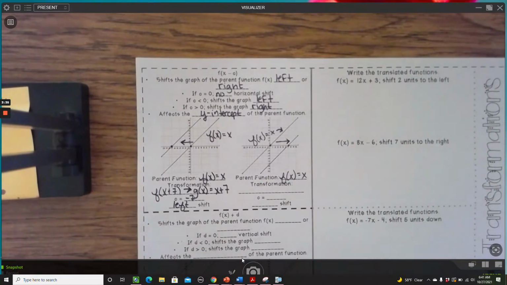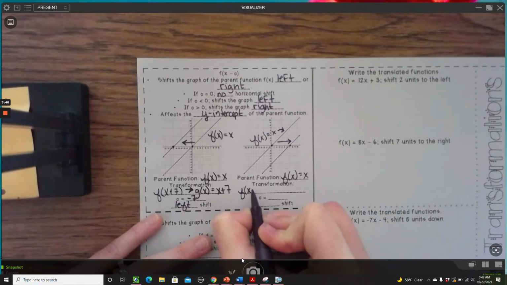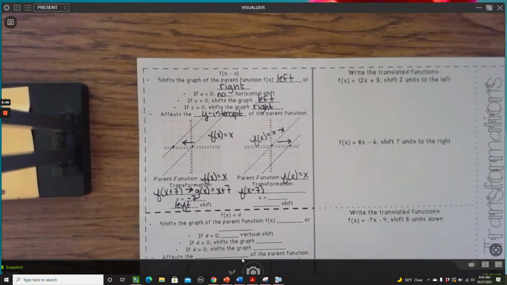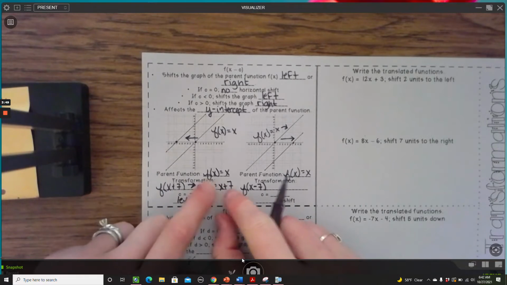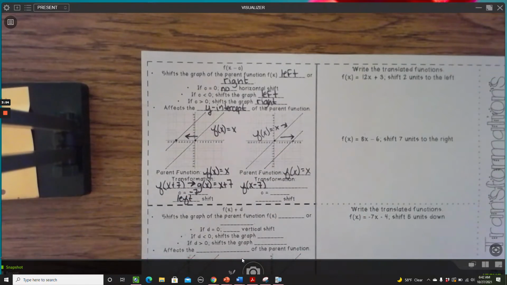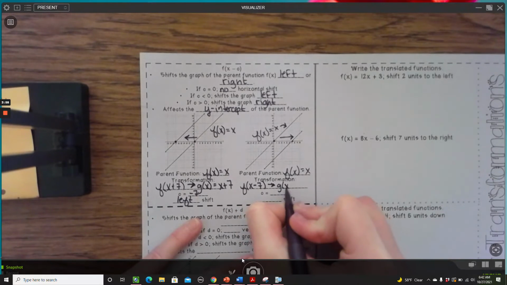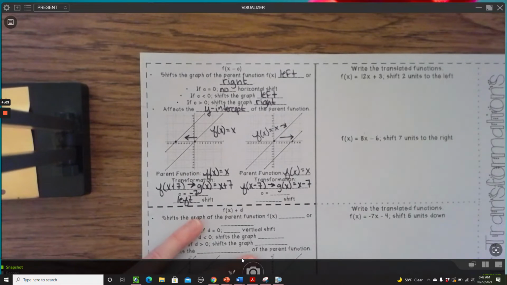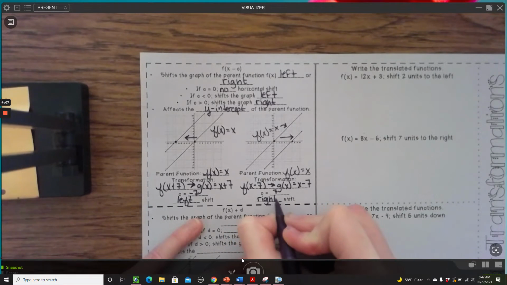So I shifted it right 7. My transformation would be f of x minus 7. I know that's hard for your brain to process, that we moved -7 on this one and we're adding 7, and we're adding 7 to this one and subtracting it here. So that makes my new transformed function g of x equals x minus 7. The c value is 7, and it's a right shift.